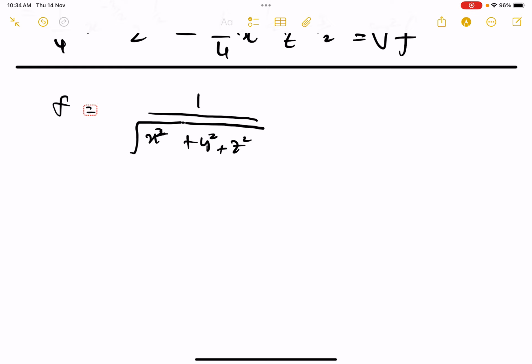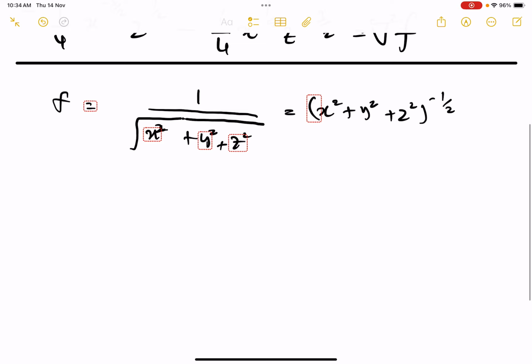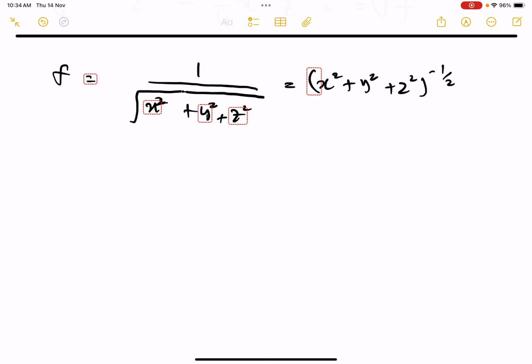So this is the equation. We can rewrite the equation so our work becomes easier. Everything we put up, so the power of negative half. All right, so this is the modified equation. So how do we do the partial derivative?